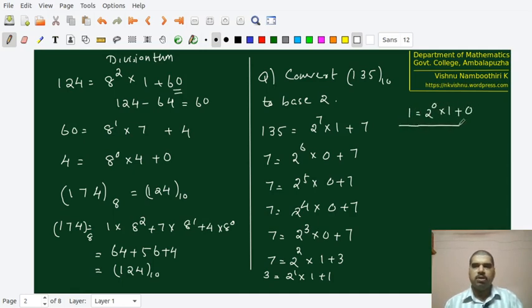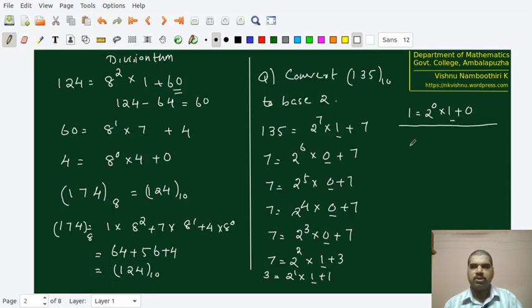Therefore, the quotients we got are, initially we got 1, then 0, 0, 0, 0, then 1, 1, and finally 1.